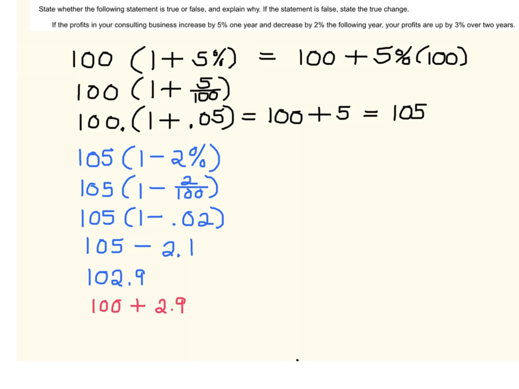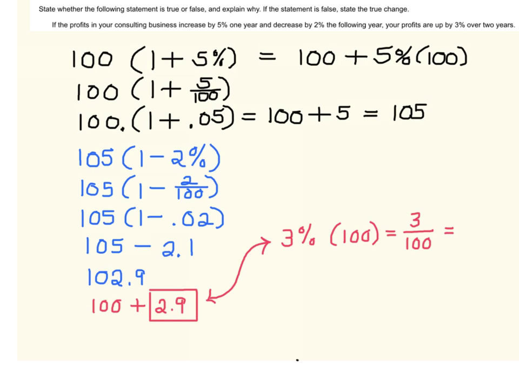This means that the 2.9 is the increase over 2 years, and 2.9 is not equal to 3% of 100. 3% of 100 is 3 over 100. Percent means per 100, which if we move that decimal place over twice in the numerator and the denominator, we get 0.03.